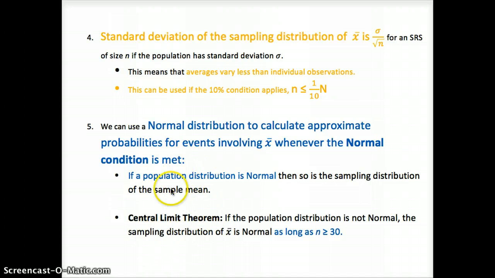So you always want to check to see if the population is normal first. If it is, you can go on. You can just indicate that in the condition and move on. This would be the plan step of our problem. And then if it's not, you want to check for sample means, the central limit theorem, that n is greater than or equal to 30. And then you can move on to do the calculations and then the conclude step after checking the independent condition.